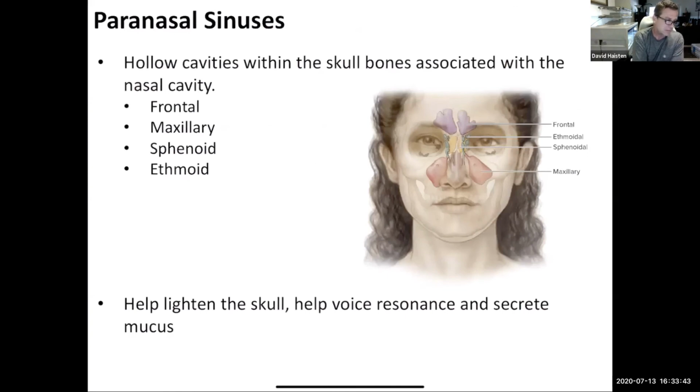Once again, your paranasal sinuses, you have them in the frontal bone. Your maxillary sinuses are the largest of all. There's the ethmoidal air cells and sphenoidal air cells. What do they do? Help lighten your skull, make mucus, and add resonance to your voice. If you're stuffed up, you sound different.